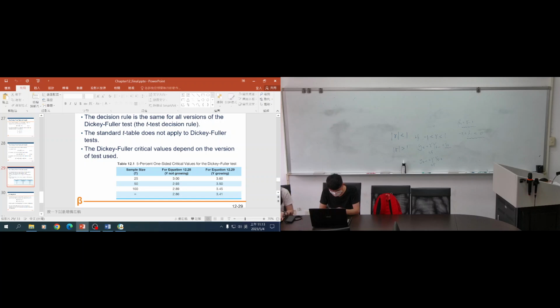So do not check with the t-distribution, although it looks like a t-distribution. It really depends on the sample size and the version of the Dickey-Fuller test. Actually, we have 3 versions of the Dickey-Fuller test.